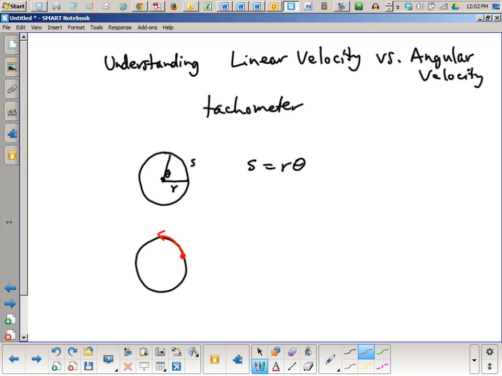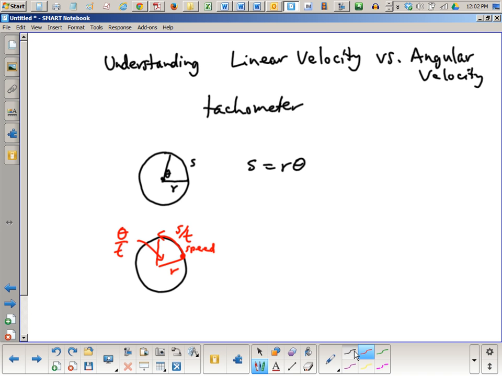You might be interested more in a speed, which would be distance over time, so s over t. This would still be r, and this theta would be changing, so this would be theta over t.